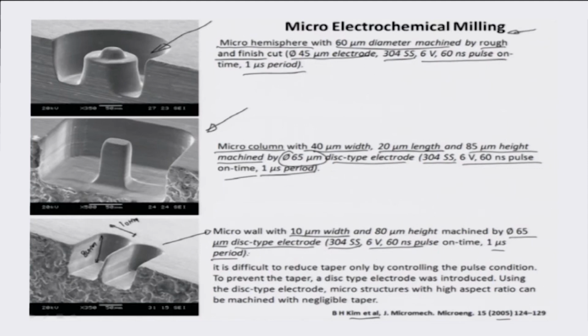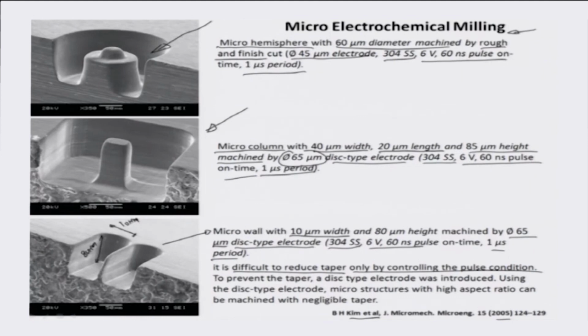One aspect which is a learning experience from this particular work is that it is very difficult to reduce the taper only by controlling the pulse condition, because electrochemical machining, as I think I have illustrated many times earlier, is a self tapering process.